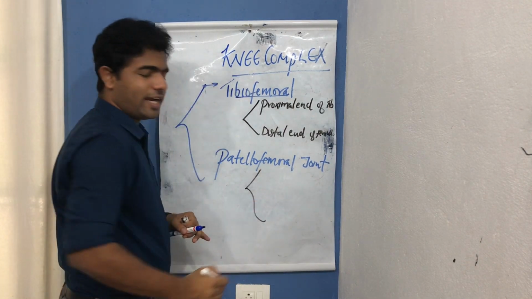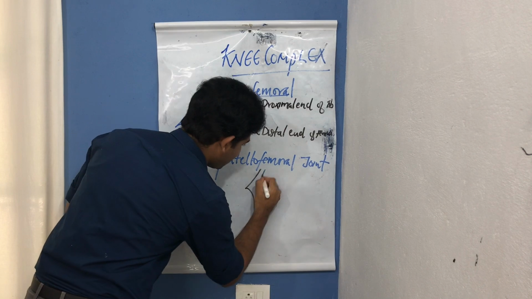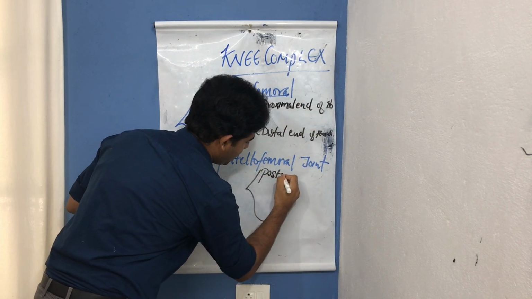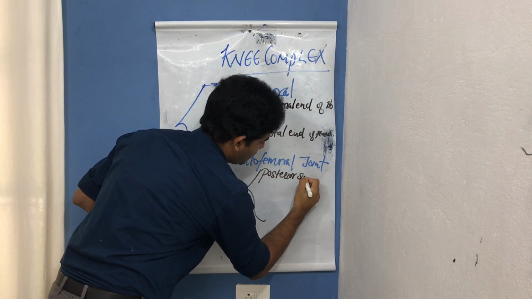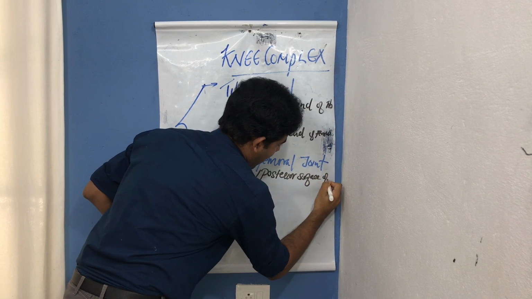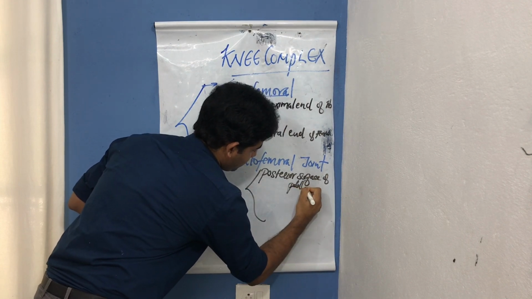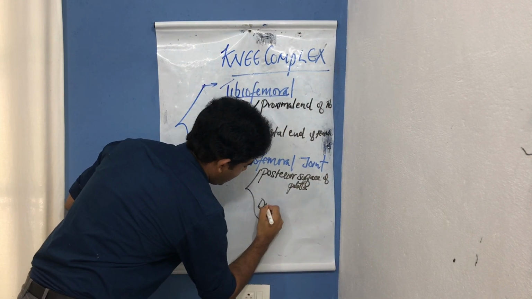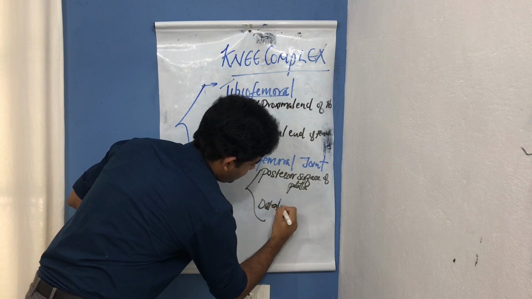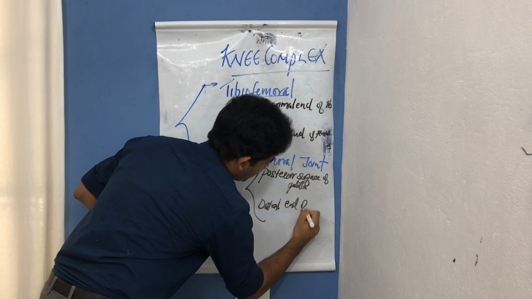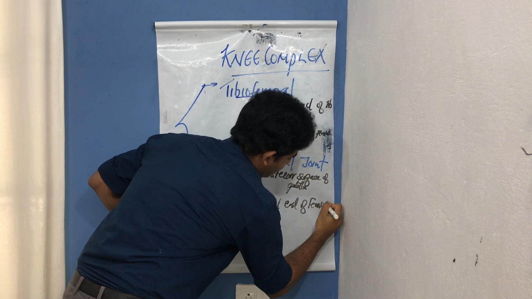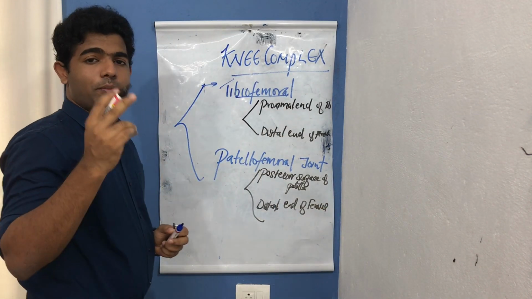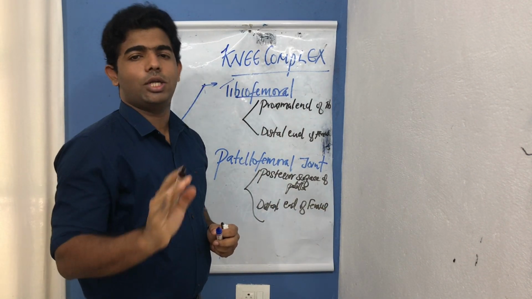The patellofemoral joint is made up of the posterior surface of the patella and the distal end of the femur. These are the two joints that make up the knee complex in total.